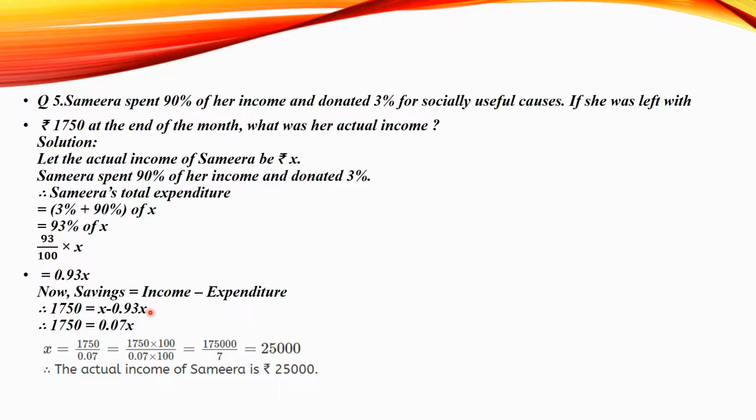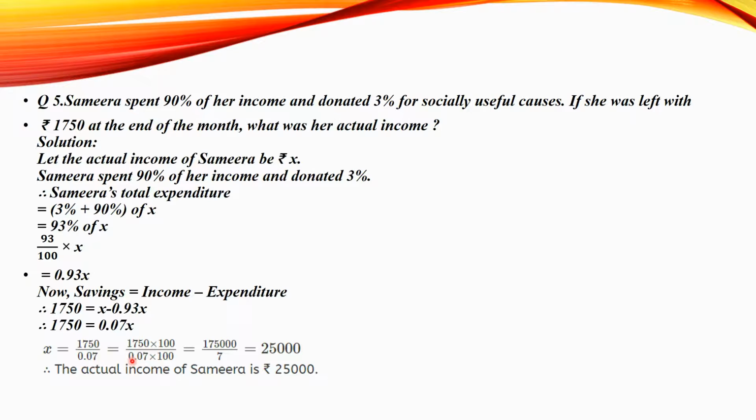So taking X common outside, we have X multiplied by 1 minus 0.93. Therefore 1,750 is equal to 0.07X. So cross multiplying, we get X is equal to 1,750 upon 0.07.